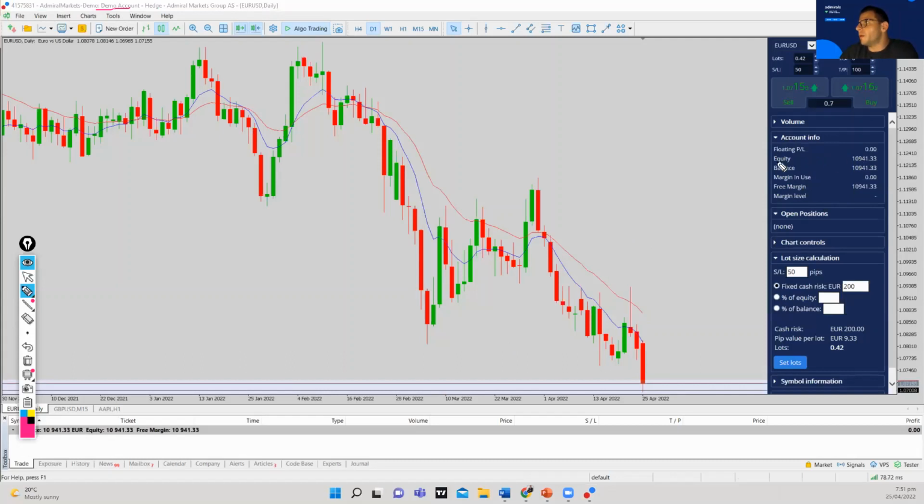We have equity on this account of 10,941. The trades have given a profit on this demo account of 940 euros. Because I'm not in any trade, the margin in use is 0. It shows you everything you need to know about your account.